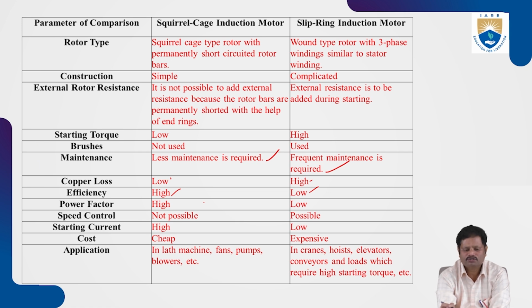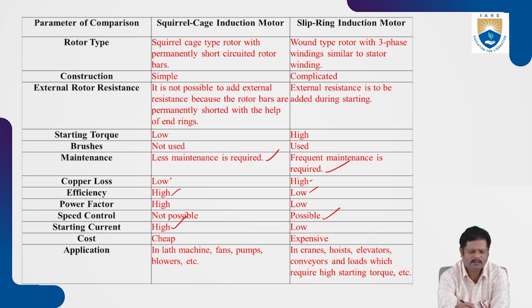Speed control: since there is no possibility of adding any extra resistance, the resistance control method is not possible, and speed control is also not possible. It runs somewhat less than the synchronous speed. Here, with the help of the resistance control method, we can control the speed in the slip ring induction motor. So speed control is possible here.